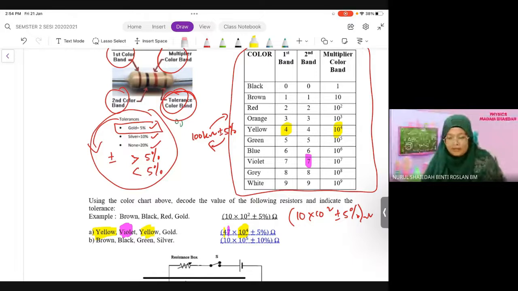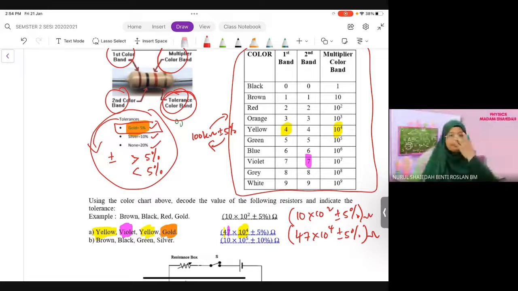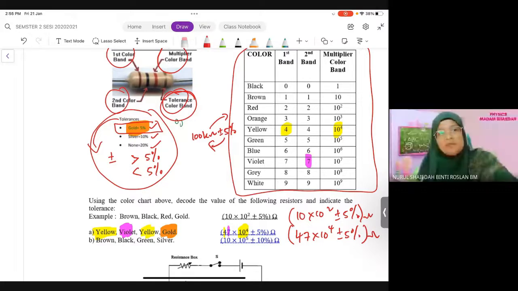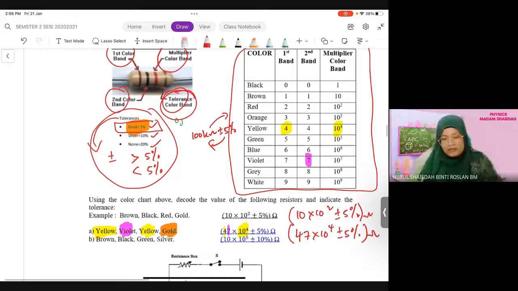And then the last one adalah gold, so gold adalah plus minus 5%. So that's why you akan tulis 4, 7 times 10 power of 4 plus minus 5% and the unit adalah ohm. Okay, boleh tak baca color band ni? Saya harap boleh. Nanti kalau saya suruh baca, tahu baca color band ni.